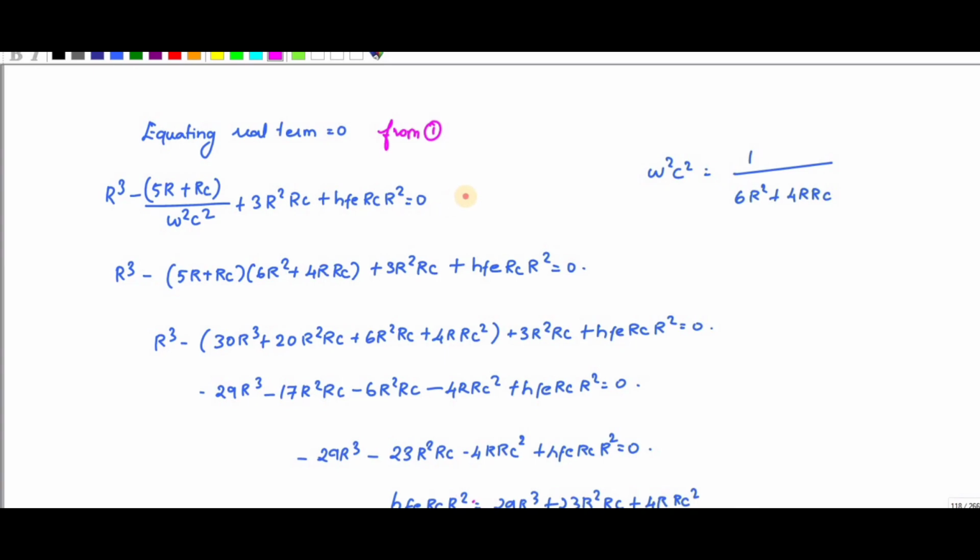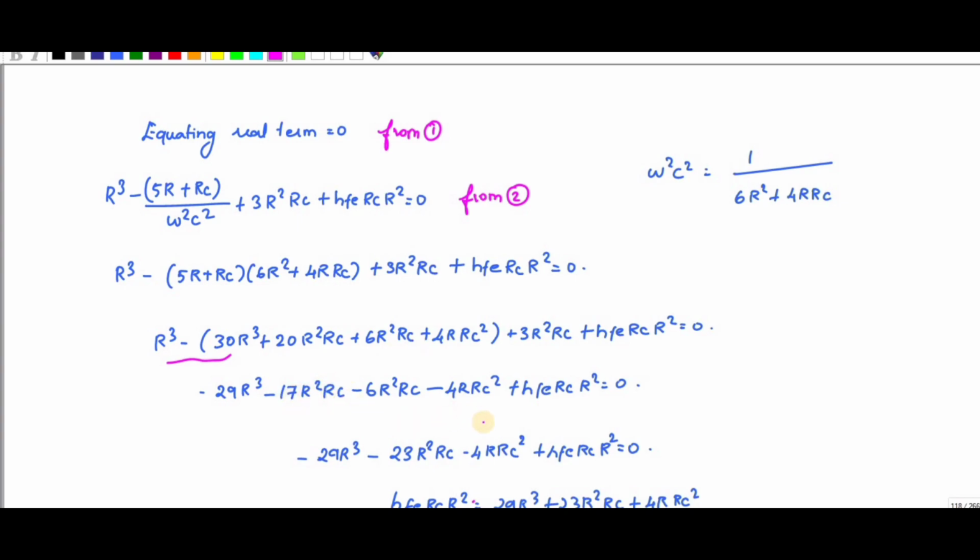Okay, from the equation 2, I am going to substitute, instead of omega square, this value. So I am multiplying these two terms. I will get this one, and I will solve. If I solve this one, I will get 29 rc, and if I solve this 2, I will get minus 17 r square rc.